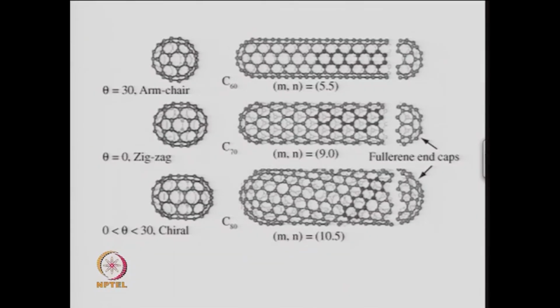So, these are different types of nanotubes which we discussed earlier, and we looked at the concept of chirality and the importance of chirality in bringing about different types of carbon nanotubes.